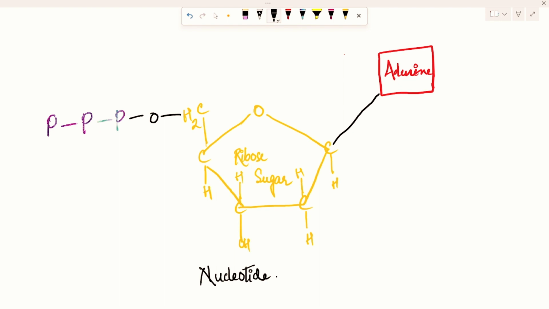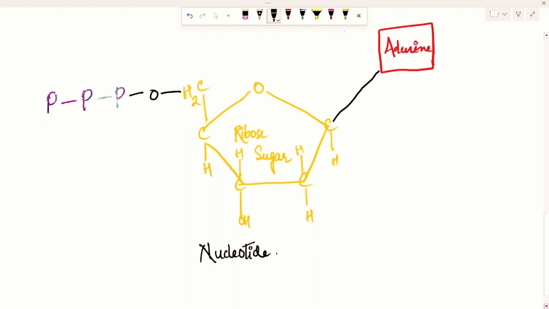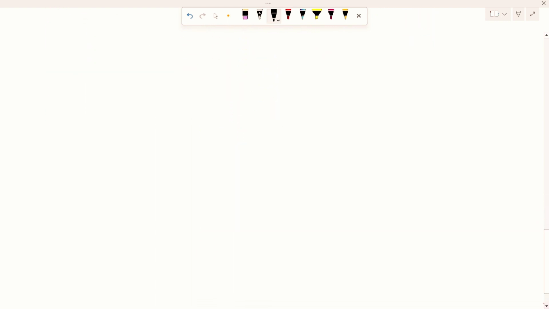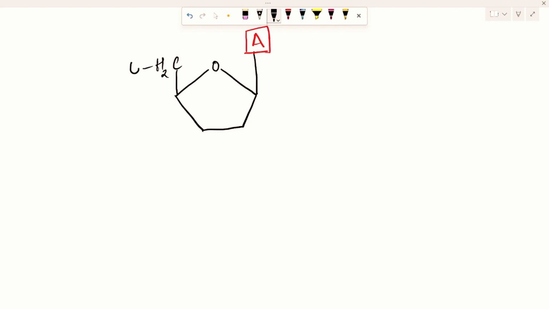Now we have our nucleotide units. We have to focus on how these nucleotides attach with one another to give rise to a polynucleotide chain. Two nucleotides form a bond with one another. Let us say we have an adenine nucleotide over here. This is the third carbon.